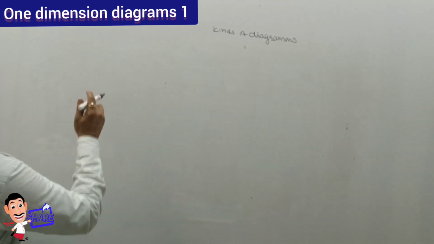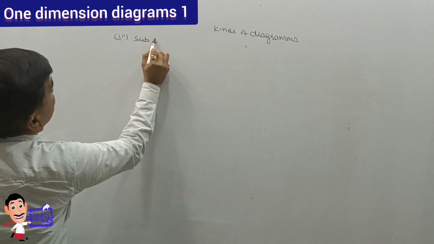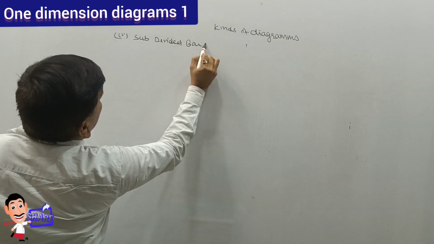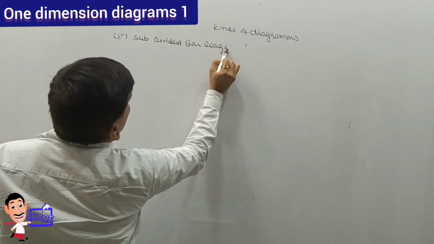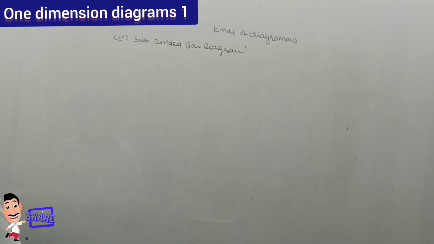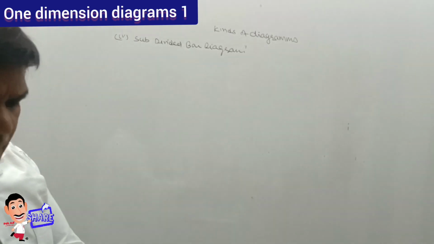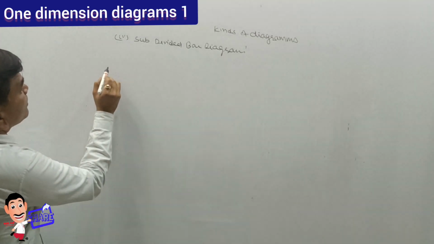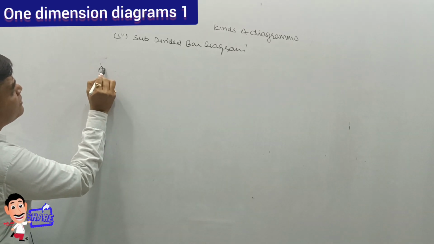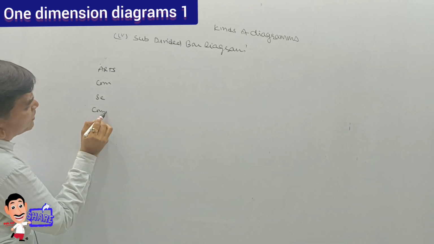The fourth type is the subdivided bar diagram. Suppose I have the same data: faculty arts, commerce, science, computer.